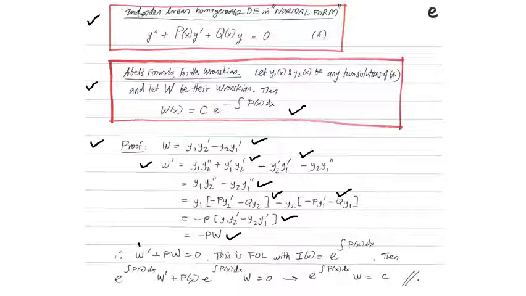So that gives us this first order differential equation for the Wronskian, and we know how to solve first order DEs from our work in the previous chapter.